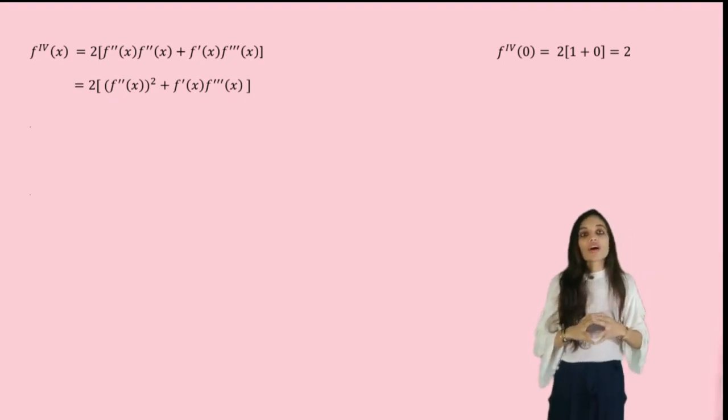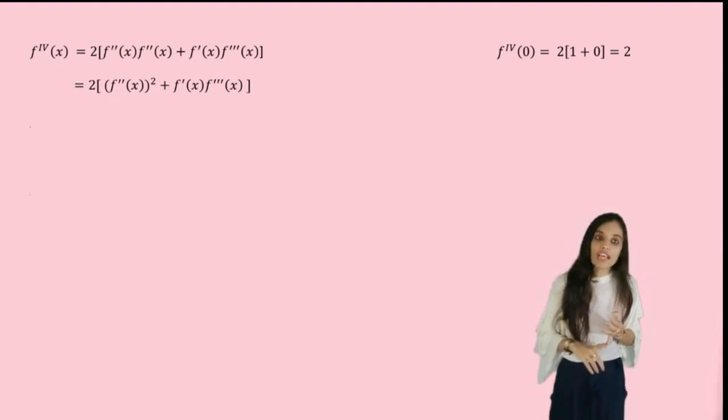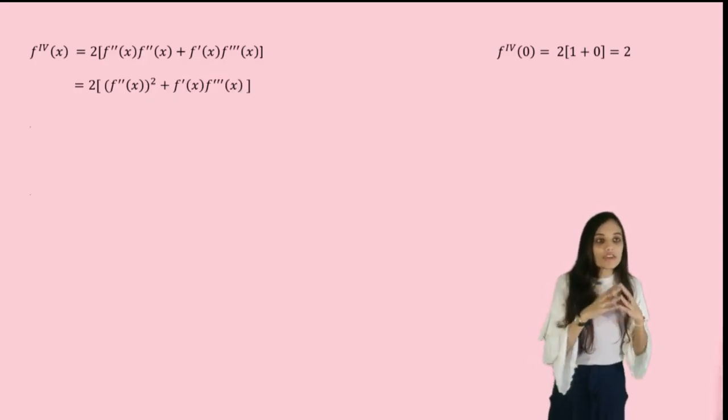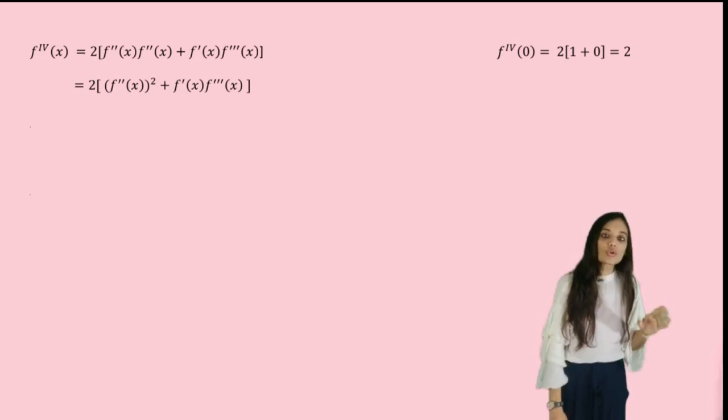Now we'll put the values of f dash of x, f double dash of x and f triple dash of x at 0. So putting all these values, we will get our fourth derivative at x is equal to 0, that will be equal to 2.